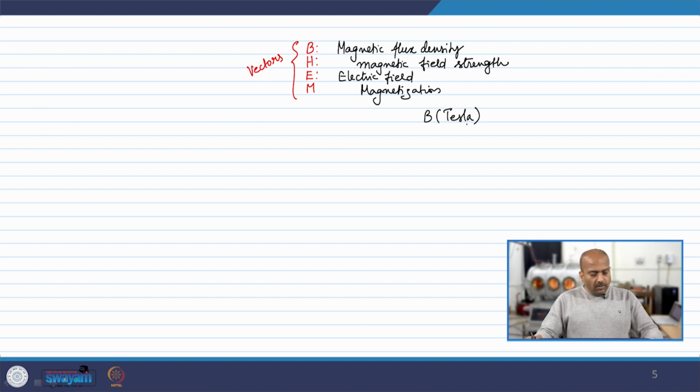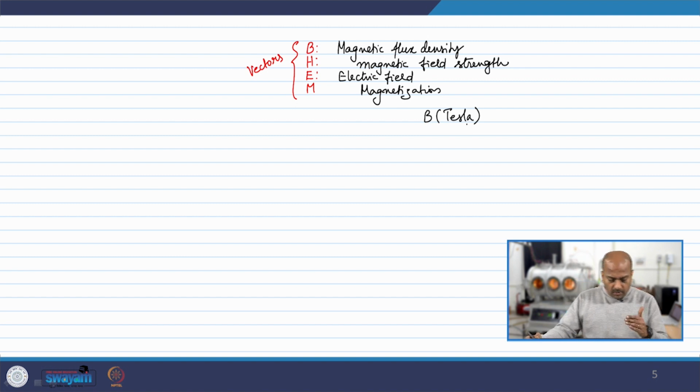Okay. So, when the magnetic field passes through a material instead of vacuum, ambiguities may arise to distinguish which part comes from the vacuum or the external currents and which part is from the material itself, right.